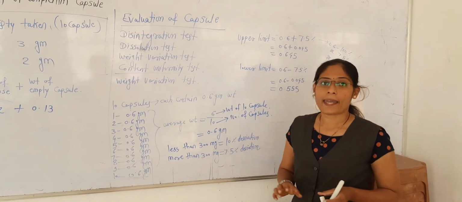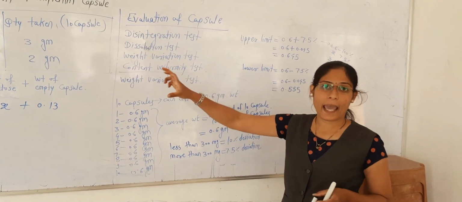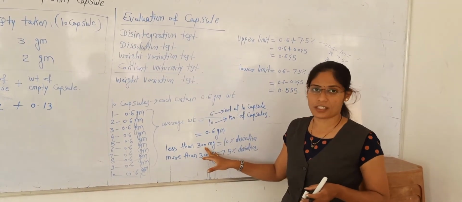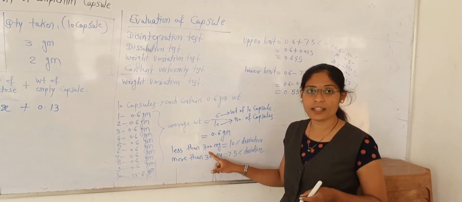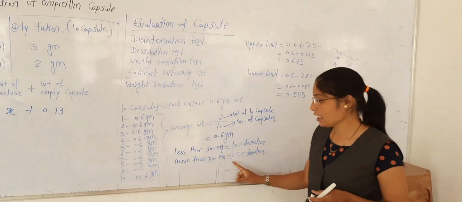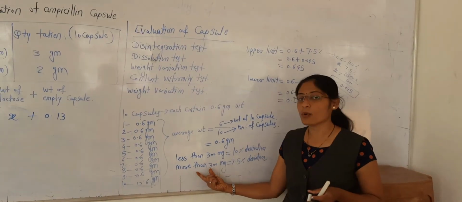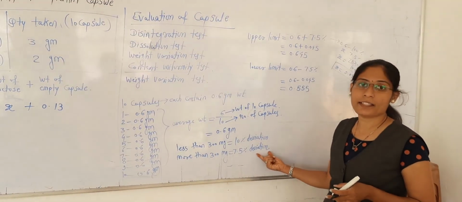If your capsule contains less ampicillin, then 10% deviation is allowed. If the capsule weight is more than 300 mg, then 7.5% deviation is allowed.